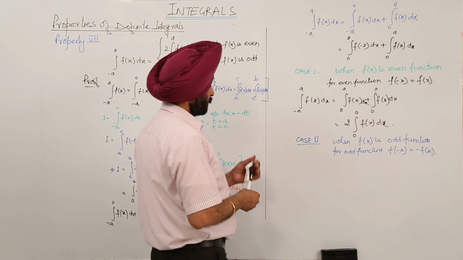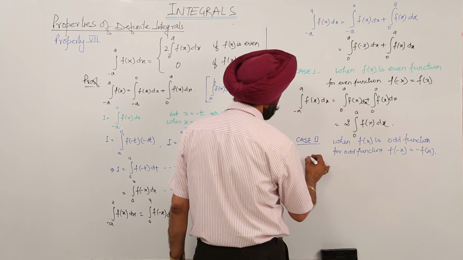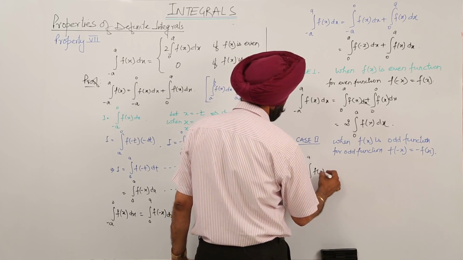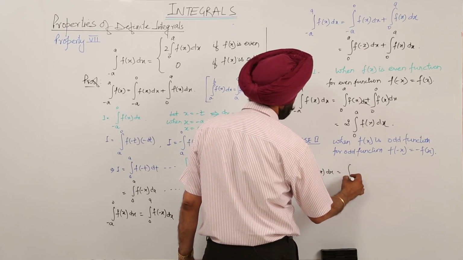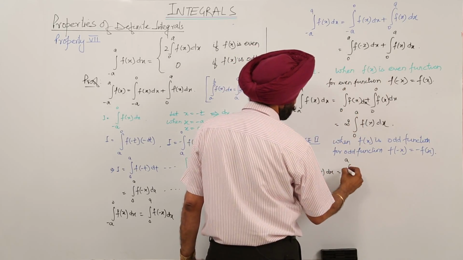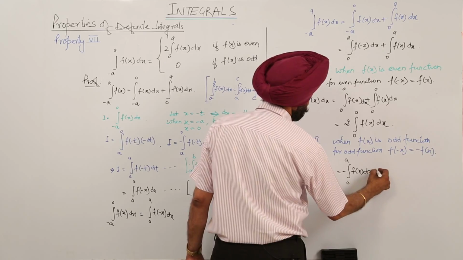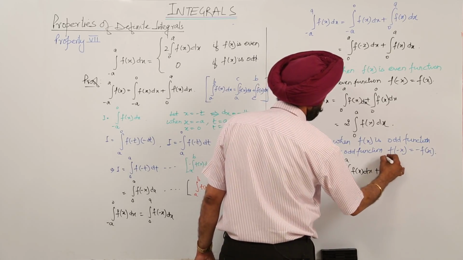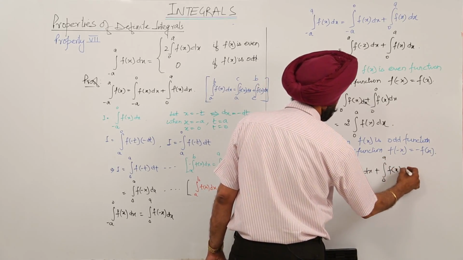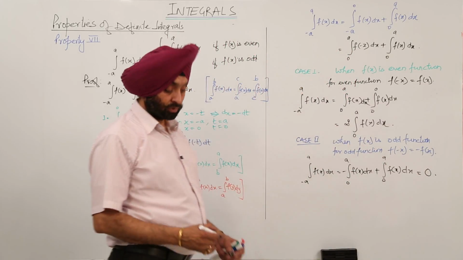Okay, so what we have now is the integral from minus a to a of f(x) dx equal to the integral from 0 to a of negative f(x) dx plus the integral from 0 to a of positive f(x) dx, and this is equal to 0.